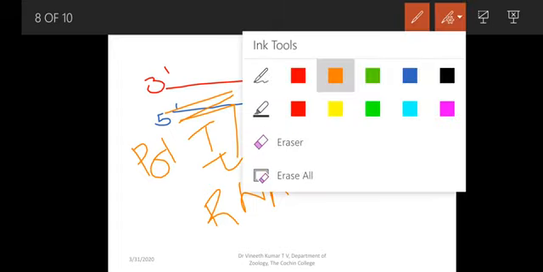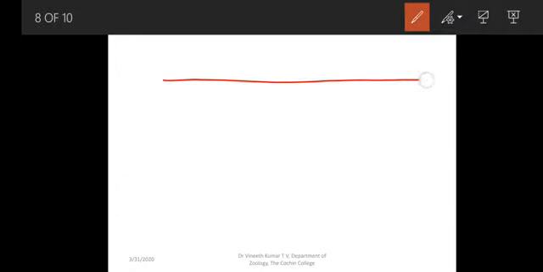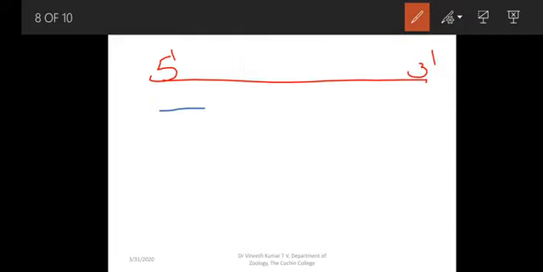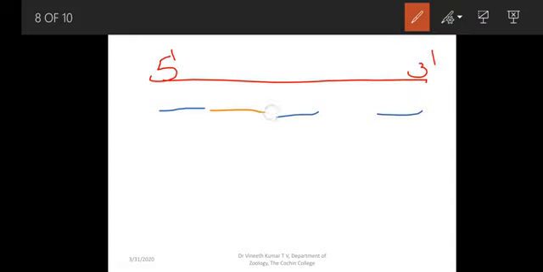But the problem arises in the case of the lagging strand. Now I am going to take the lagging strand alone. The lagging strand has an orientation, so this was a template for the lagging strand, and we saw it was synthesized in many pieces, which were called the Okazaki fragments.